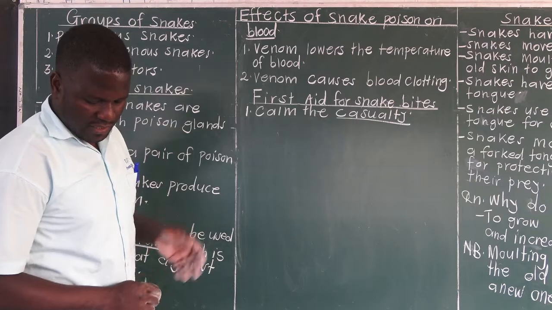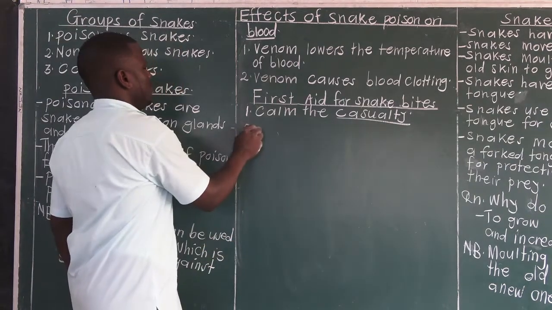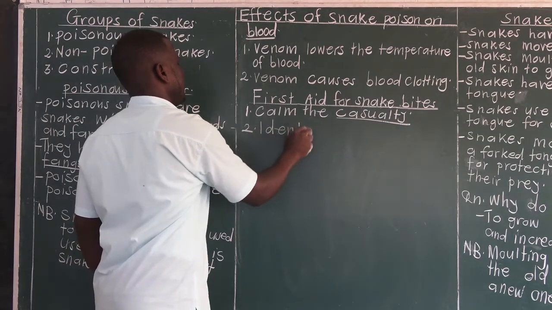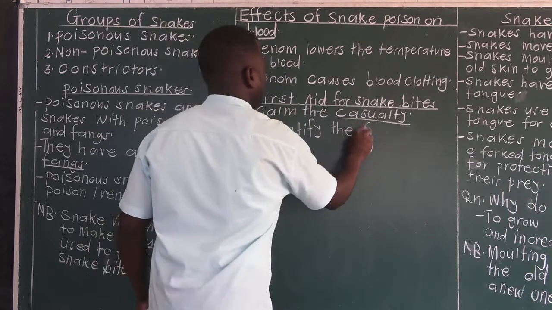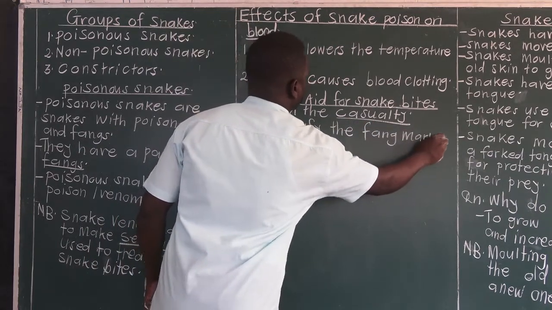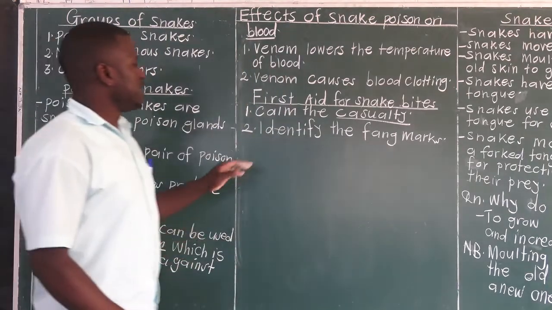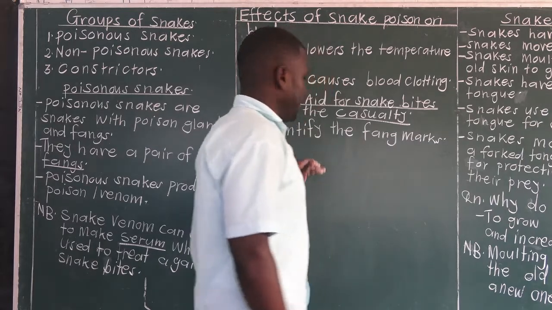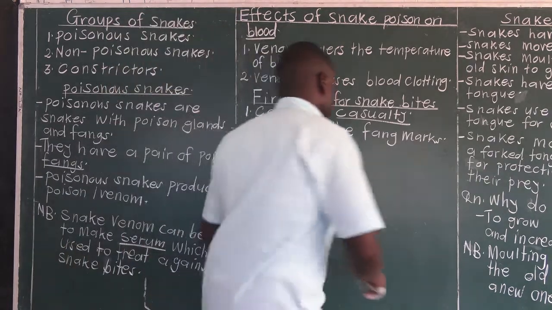After calming the casualty, you identify the fang marks. I don't expect, if a snake has bitten somebody, that you start telling the victim that you've been bitten by a snake, so you are going to die.